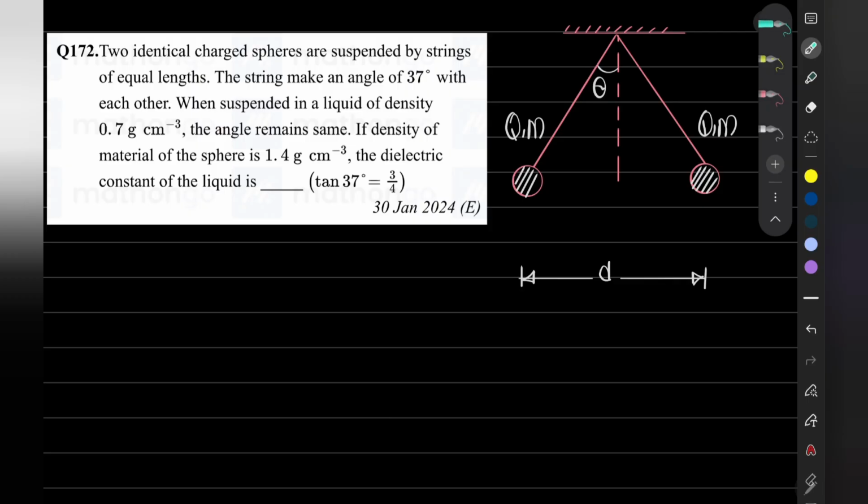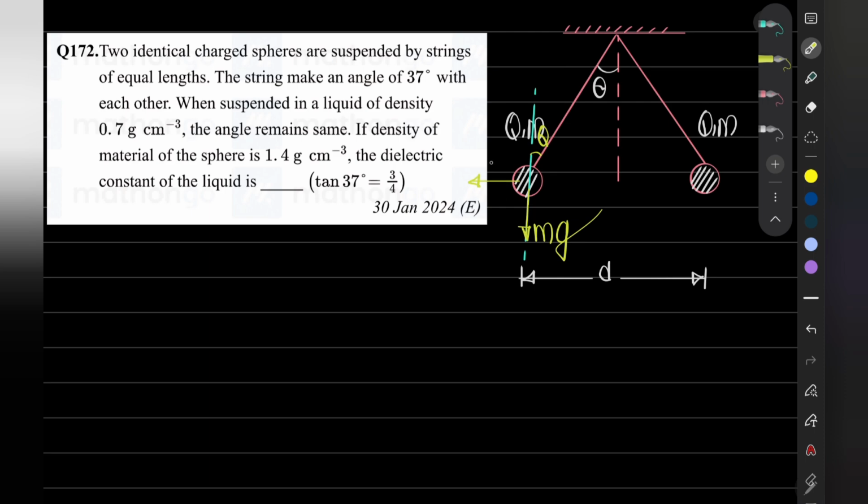This will act as our reference line. Now if this angle is theta, this one will also be equal to theta, and this angle will again be equal to theta. Now mg will act in the downward direction, and as both the spheres have the same charge, there will be repulsion.